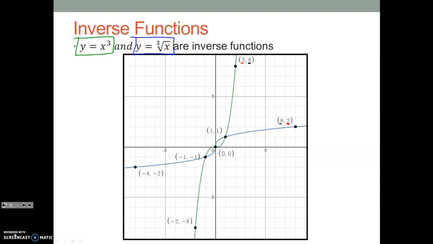What is different about those two points is that the x and y values are switched, which by definition is what an inverse function is. So these two functions are inverses of each other because the point was flipped. Instead of (2, 8), it was now (8, 2). They flipped the values.